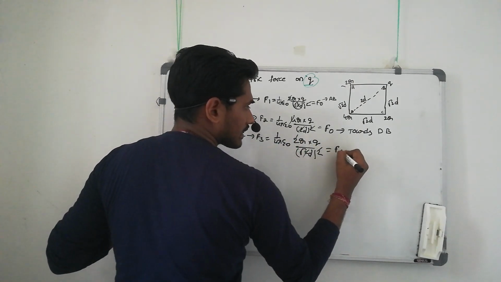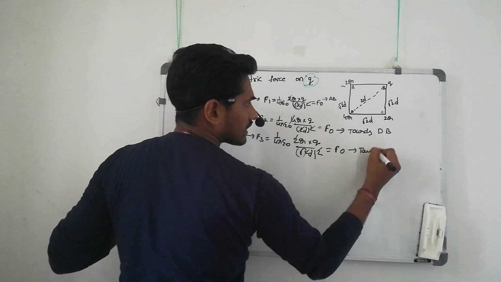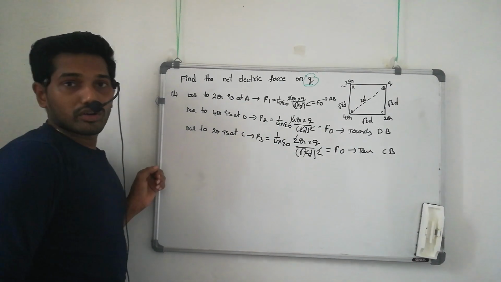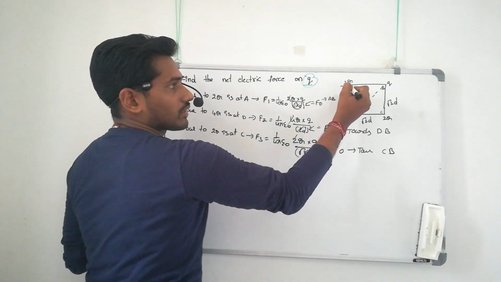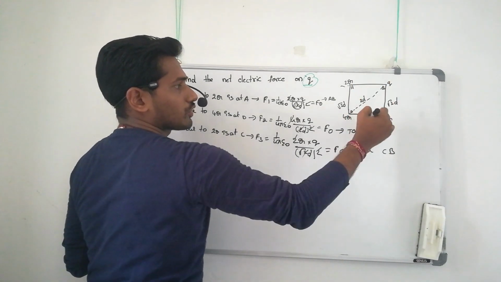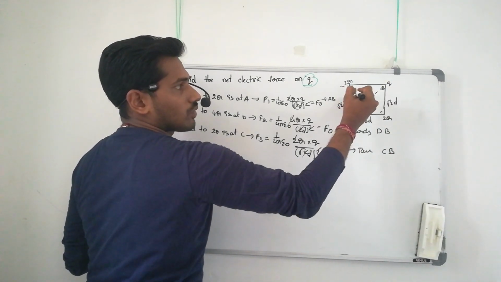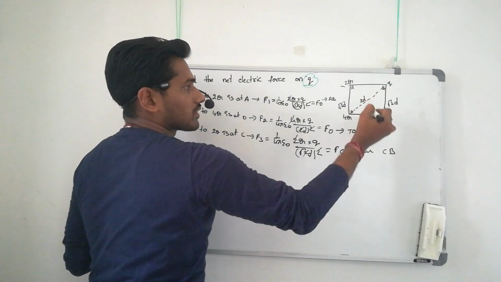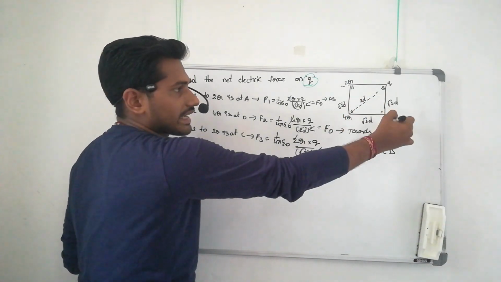Let us consider F0 towards the direction of CB. So direction is very important. You are calculating for 2Q to Q: 2Q into Q divided by root 2 whole square toward the direction of AB. 4Q into Q toward the direction of DB. 2Q into Q toward the direction of CB.